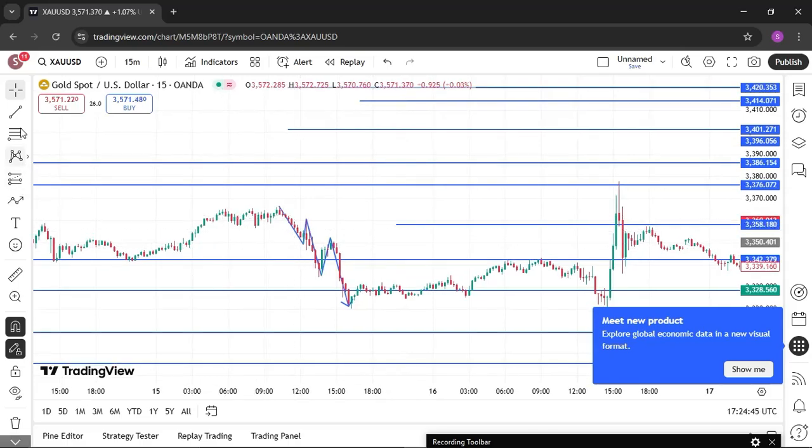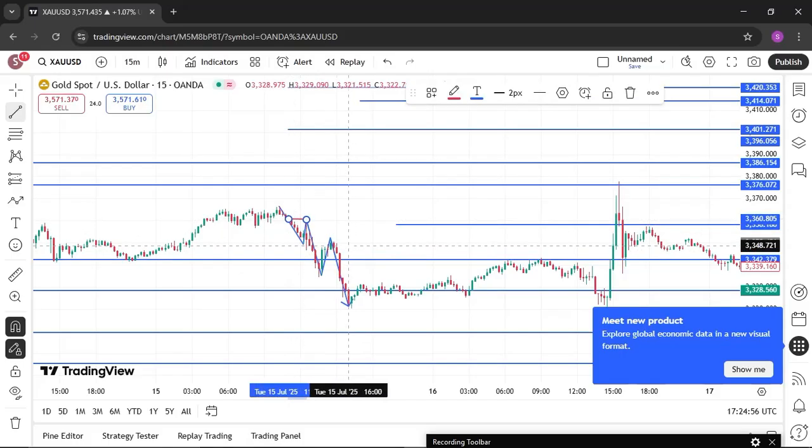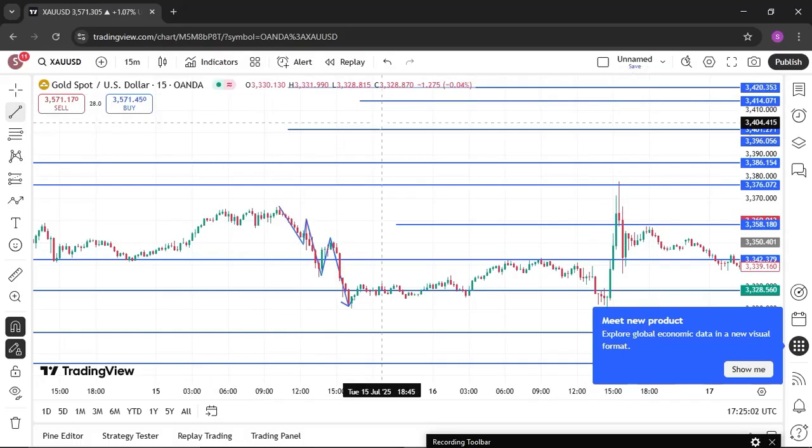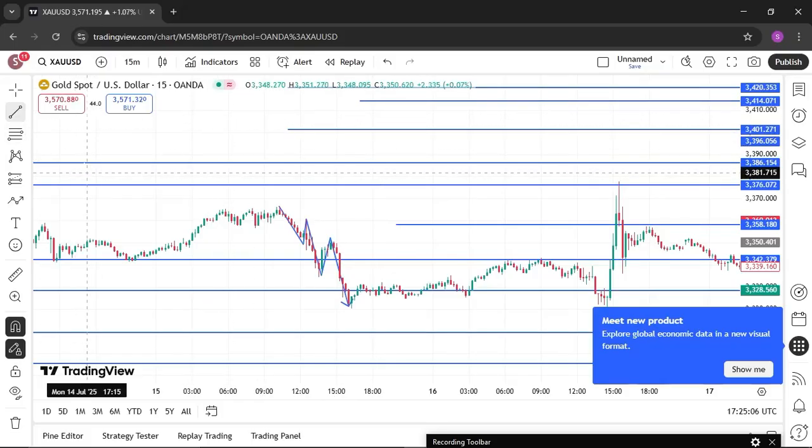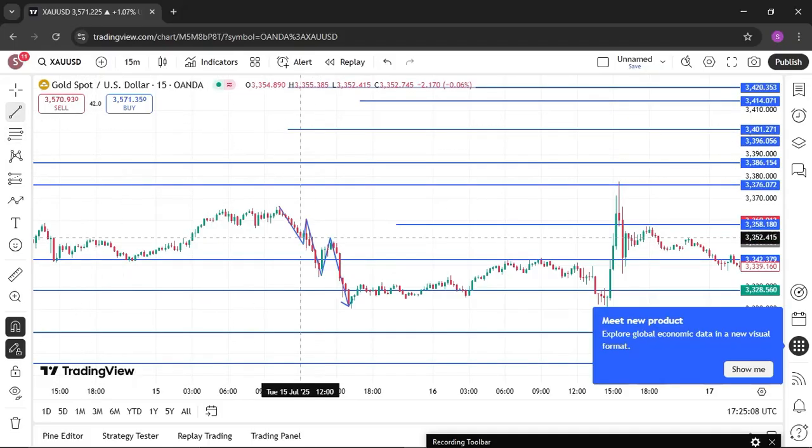Okay, you see, so here is the break of structures that this market has created. You see, it has broken this structure.